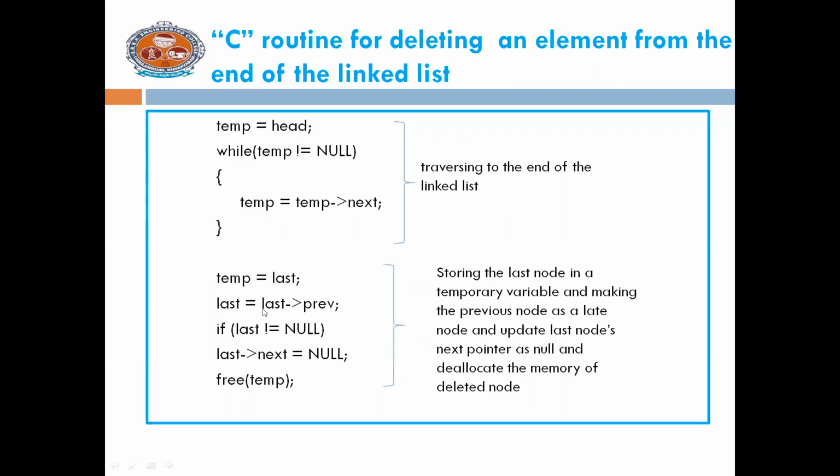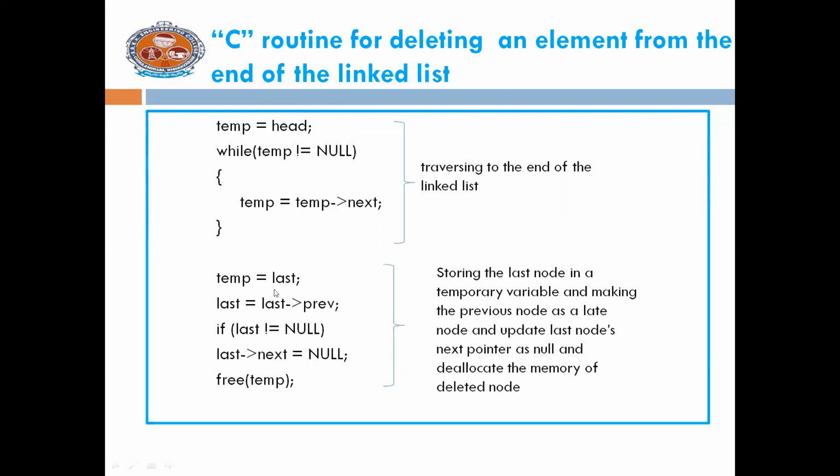So I have written code here: temp equals head. While head of next is not equal to null, that means you have one more node to traverse, temp equals temp of next. Until we get temp equal to null, we'll be iterating the loop. Once you encounter temp equal to null, that is the end of the linked list.